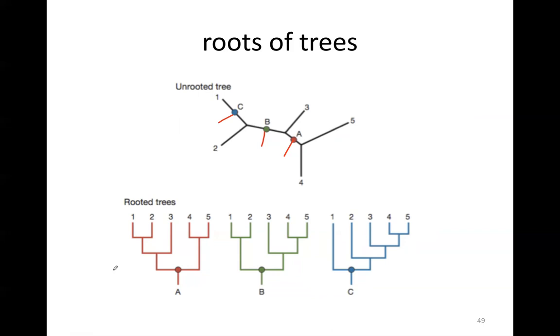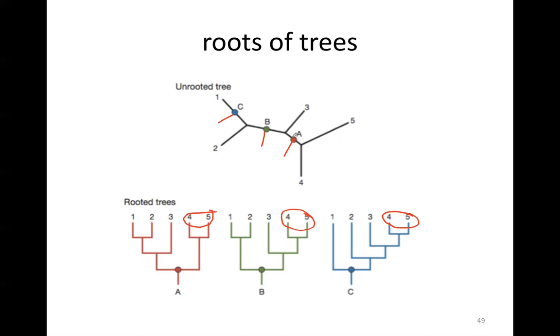Well, okay, let's discuss this using the example we have here from the book. If we had the root here at A in this branch, we would have 4 and 5 as closely related. So in all these trees, 4 and 5 are closely related, but the trees aren't exactly the same.